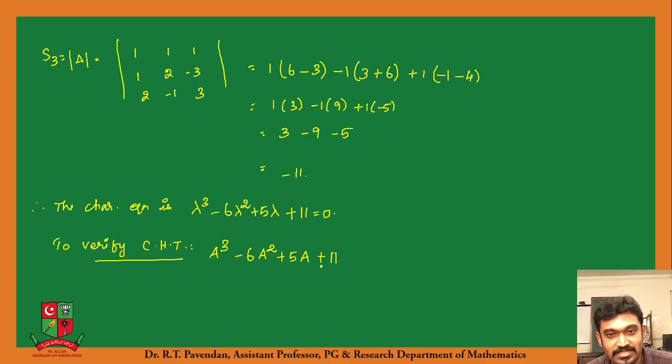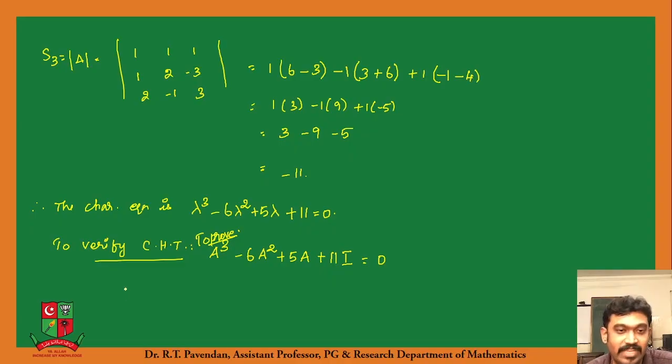So if you have to change the scalar into a scalar matrix, we have to multiply that with identity is equal to 0. This is what we have to prove. So A cube minus 6A square plus 5A plus 11I should be equal to 0.